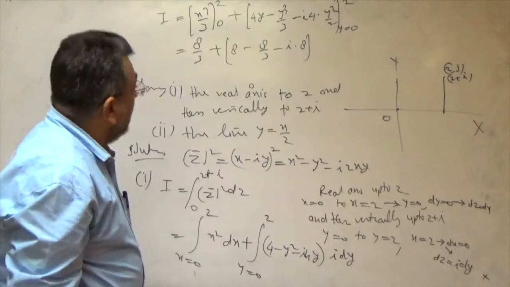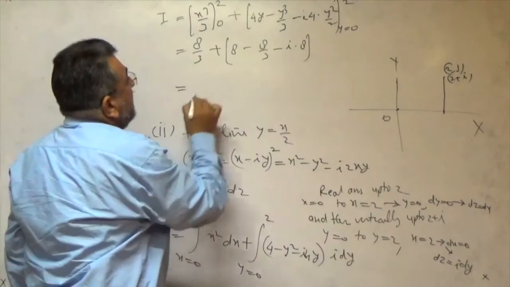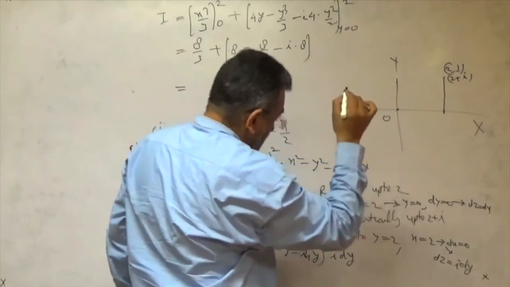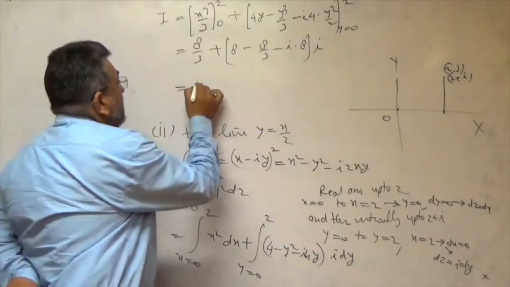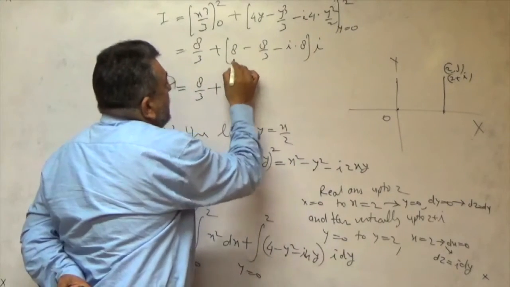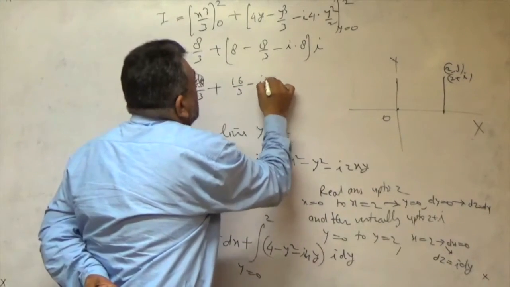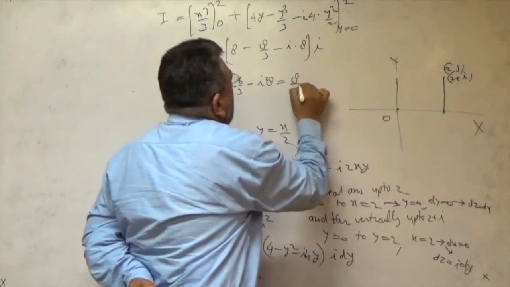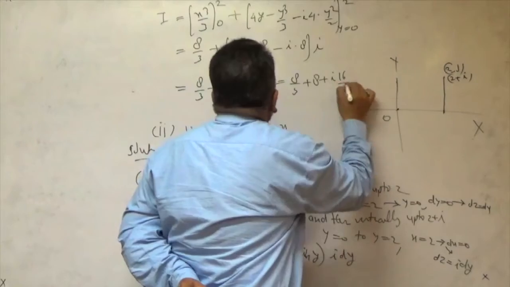Now calculate this again. Further calculate this. This is 8 by 3 and into i. That is 16 by 3 minus i square into i. i square is minus, so that is 8 by 3 plus 8 plus i 16 by 3.